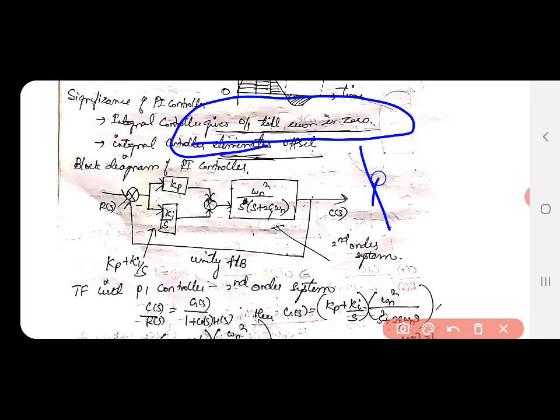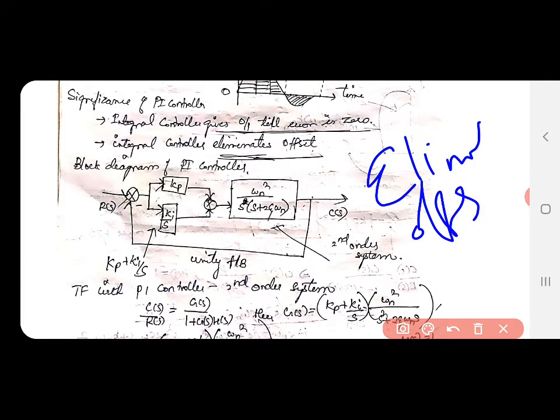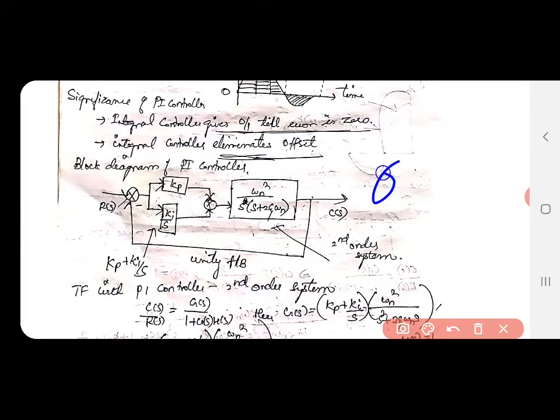Suppose this is the response; up to steady state it will be giving the output. This is the significance of the PI controller. And another very important point is that it eliminates offset error. The offset error will be eliminated.